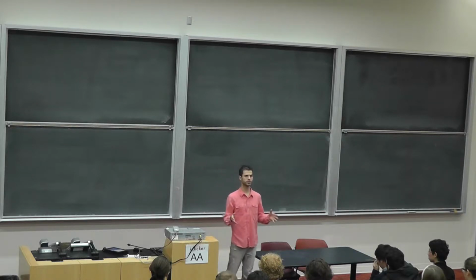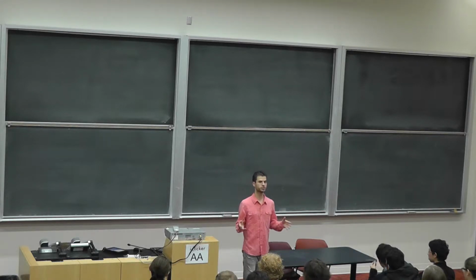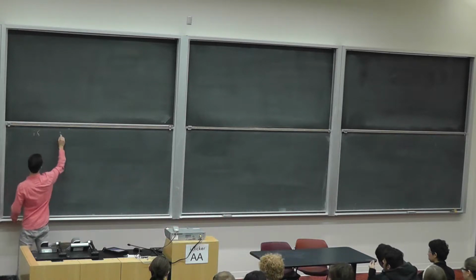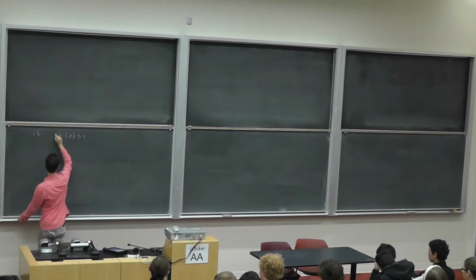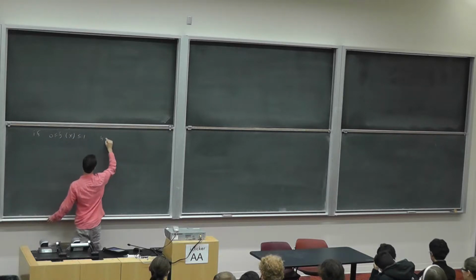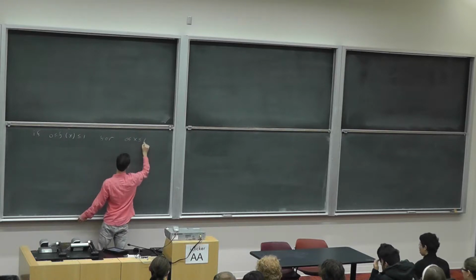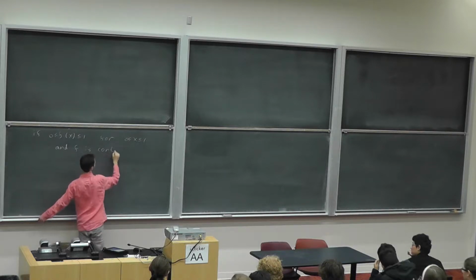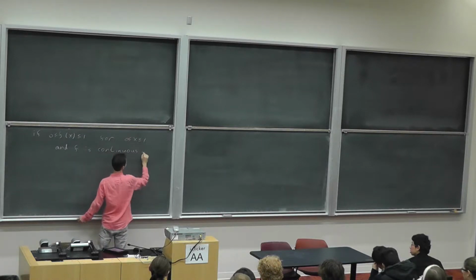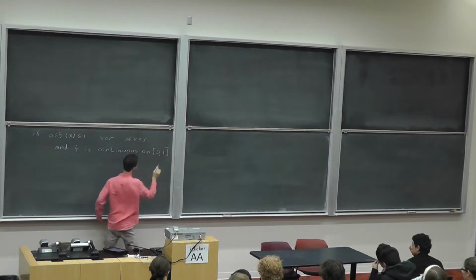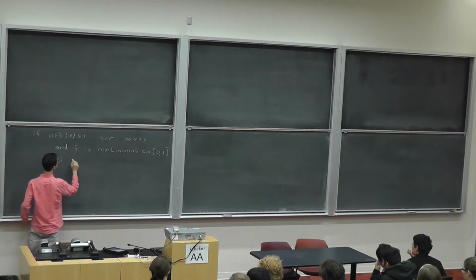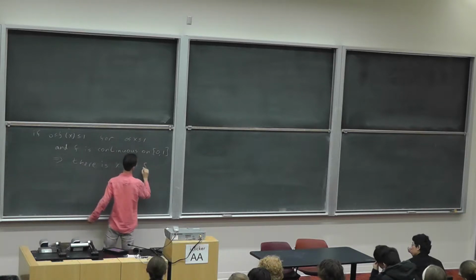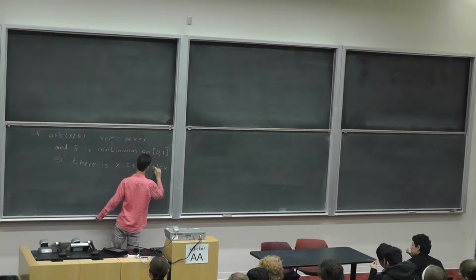In the very end of last class, we talked about an application of the intermediate value theorem, which was like this: if f of x is between 0 and 1, for x between 0 and 1, and f is continuous on the interval from 0 to 1, then there is x such that f of x is equal to x.